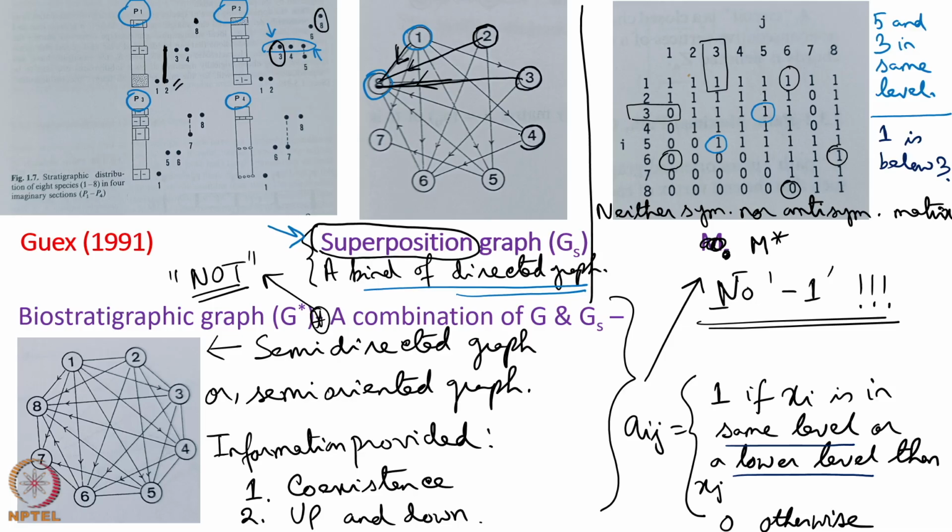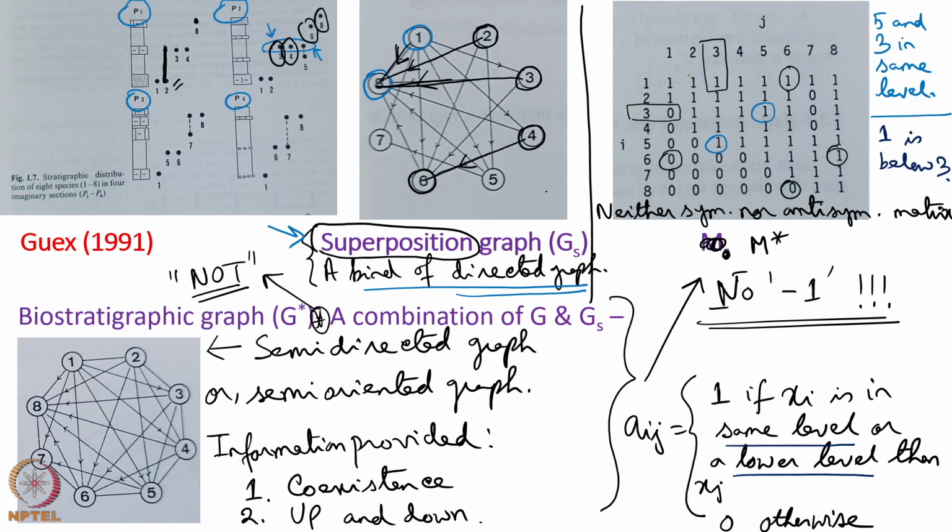Now, let us take 4 and 6. We will find some section where 4 is at the bottom, 6 is at the top. Where is that? Here we can see 4 is at the bottom, 6 is at the top. So, this is being shown. So, in this way all the arrows are made. It is talking only about what is at the top, what is at the bottom.